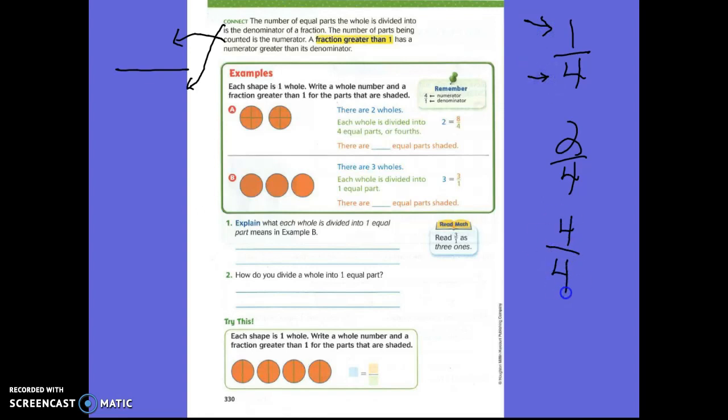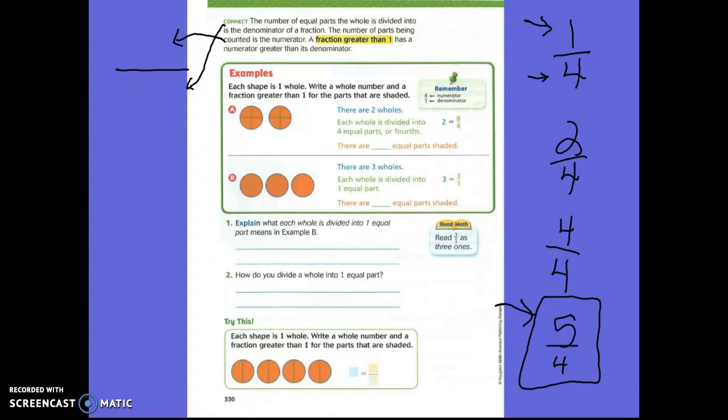You have never had a fraction where the top number is bigger than the bottom number, have you? No. This is a fraction greater than 1, okay? I know I told you guys this would happen eventually.